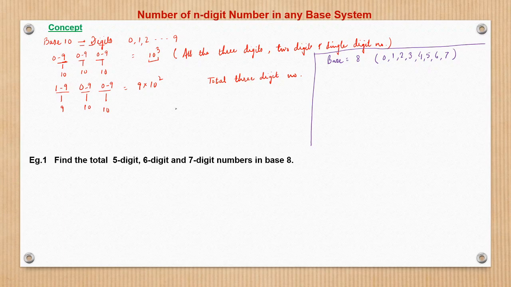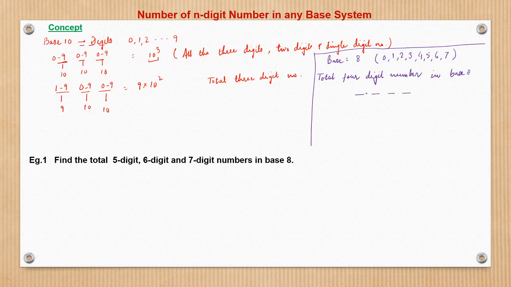Now if the question was to find the total four-digit numbers in base 8, there would be four digits, right?